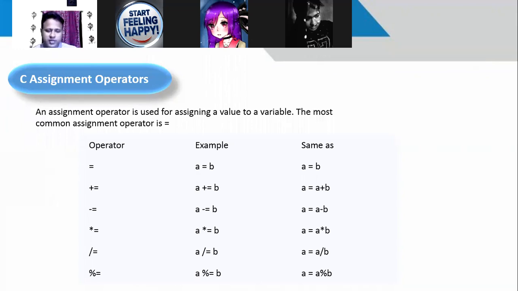In the complex assignment operator, a plus equals to b means a equals to a plus b, a minus equals to b means a equals to a minus b, a multiplication equals to b means a equals to a into b, a division equals to b means a equals to a by b. Then a modulo equals to b means a equals to a modulo b, which shows the remainder part.